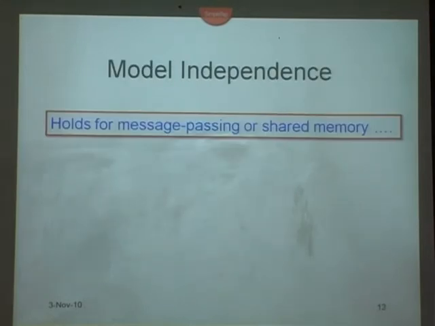And the interesting thing about this theorem, at least from my point of view, is that it doesn't say anything about what kind of communication mechanism you're using. It doesn't say this is true in shared memory, or in message passing. It just says that whatever your communication model is, if the result is a path-connected simplicial complex, then this holds.